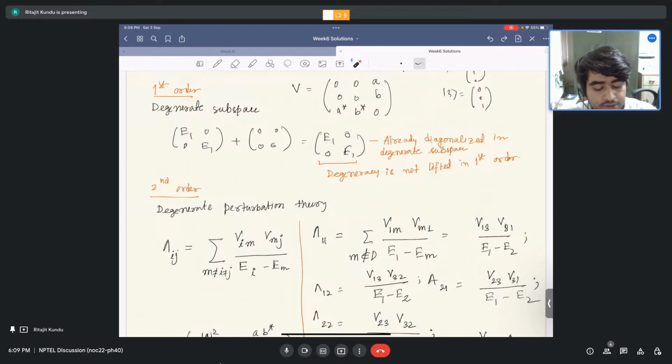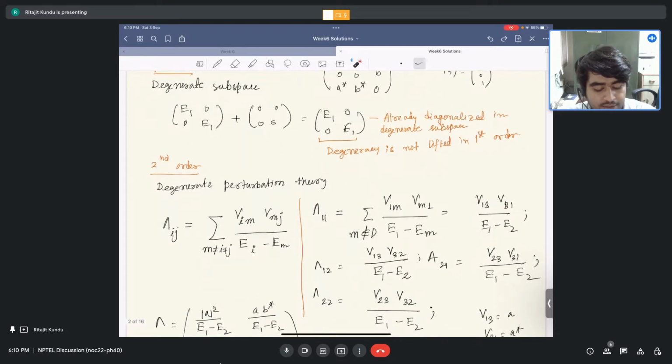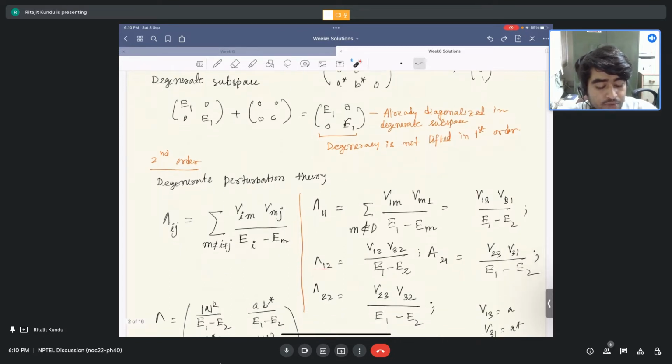So this is what my capital lambda 1 1 is for this system, and then lambda 1 2 will be given in the same fashion, but the terms will be different. V13 and V32. We just have to carry out this computation and we will find the different elements of this matrix.